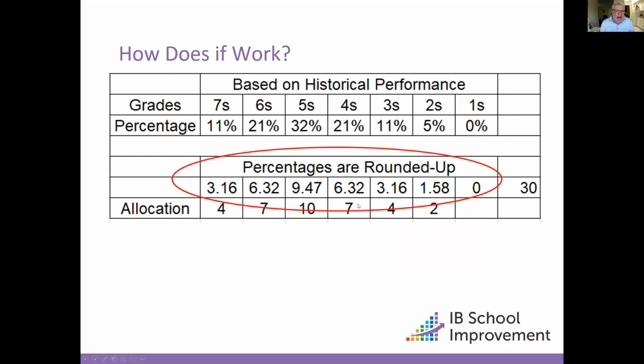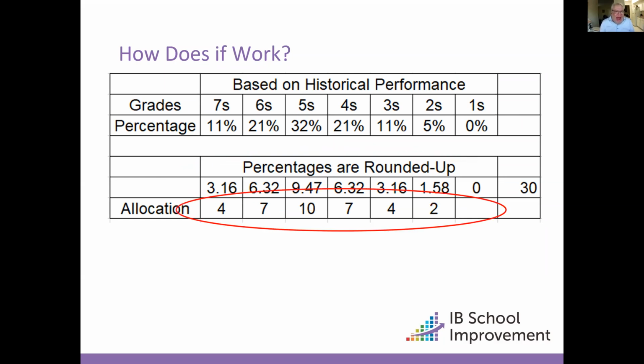So if you look at it, if I currently have 30 students, 11% of that will be 3.16. If I currently have 30 students, 21% of that would be 6.32. They will then round those numbers up.